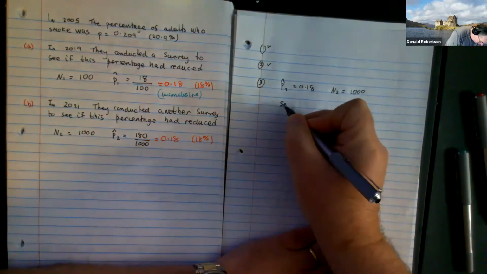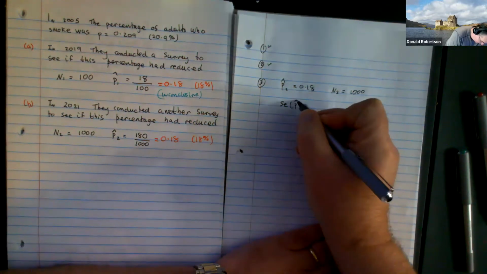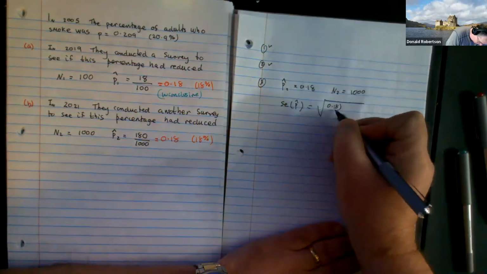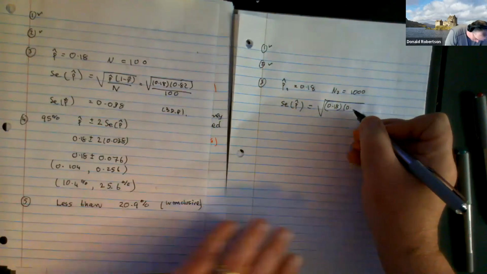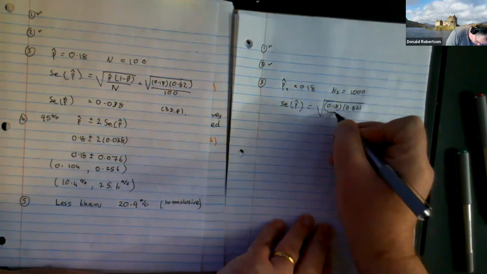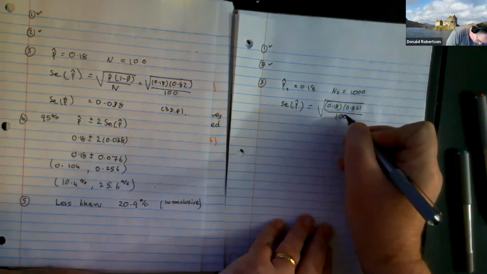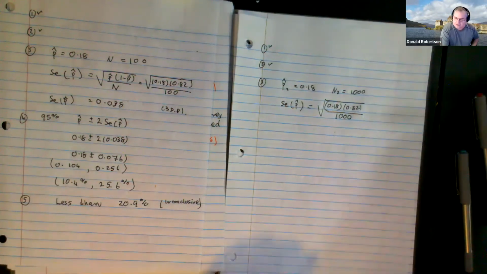And so our standard error will be the square root of 0.18, 0.82. Did you see the only difference is that I'm now going to divide by 1,000 instead of 100.